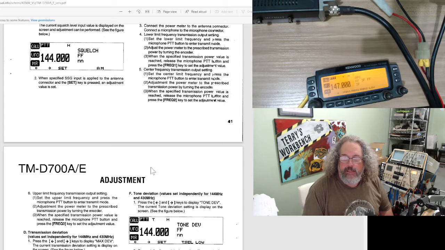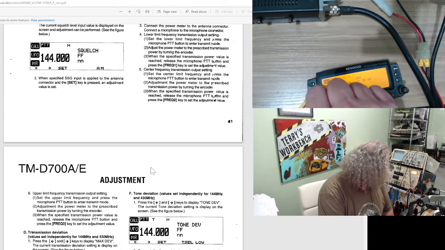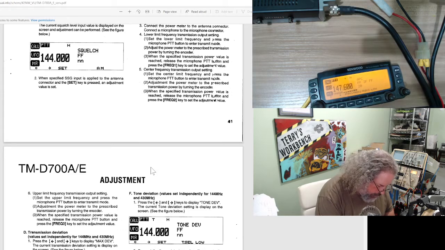What do we do to change this? By turning the encoder. Oh.